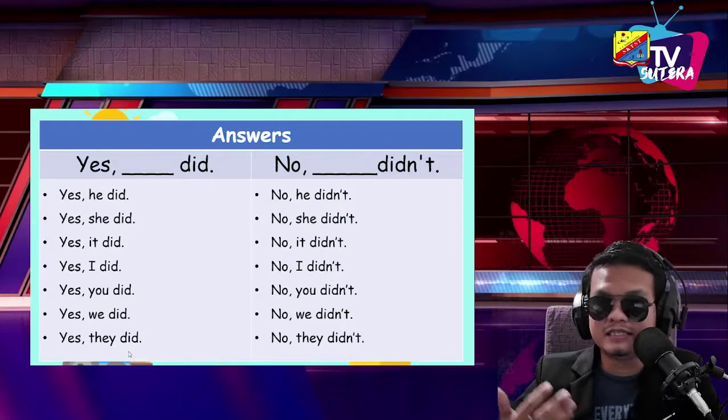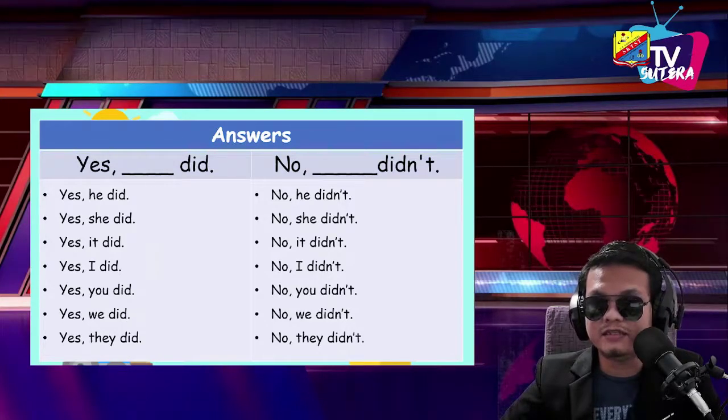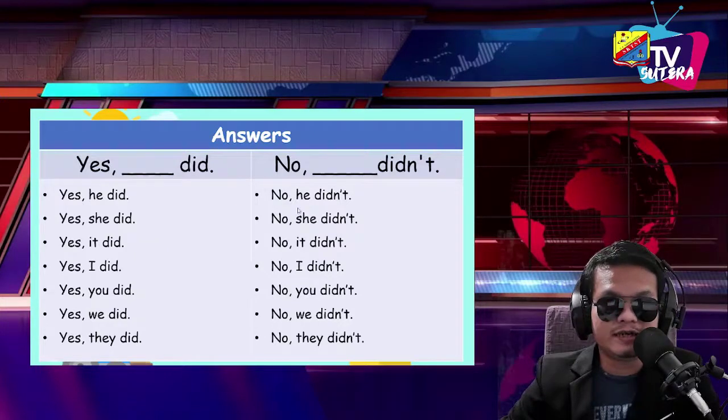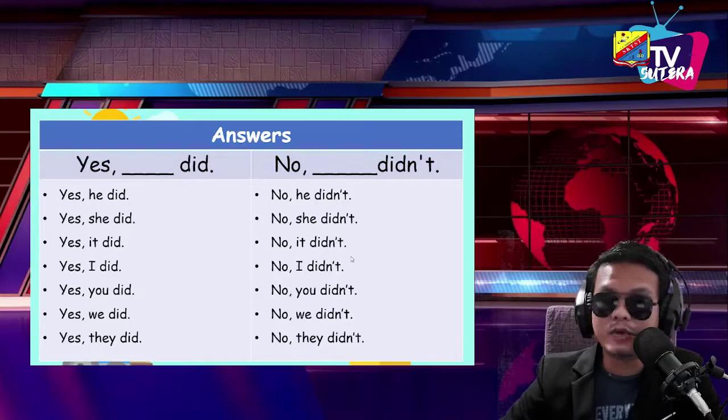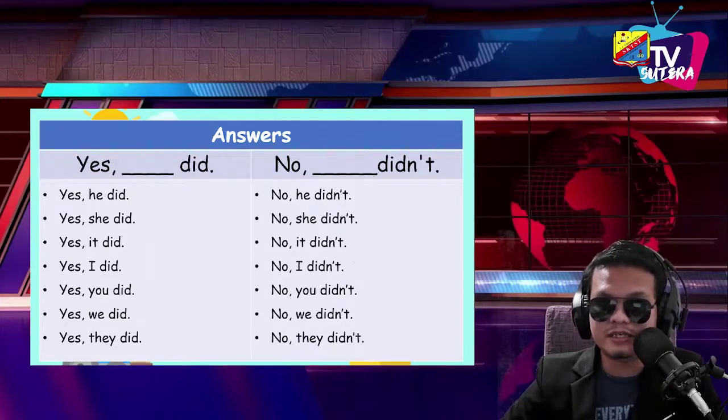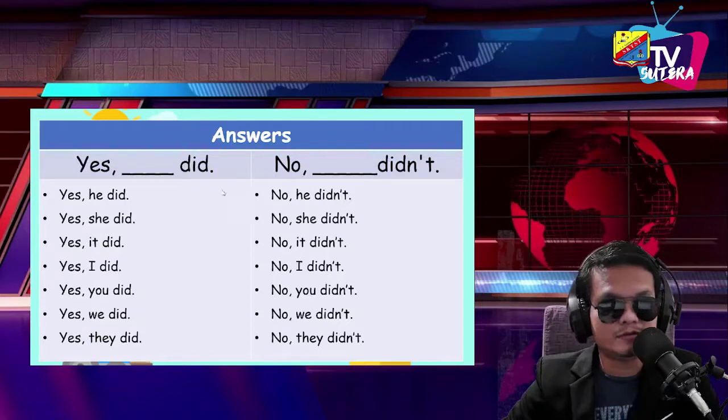If the answer is negative, or if the answer is no, we say no, he didn't, no, she didn't, no, it didn't, no, I didn't, no, you didn't, no, we didn't. And the last one, no, they didn't. Okay, let's take a look at the example.